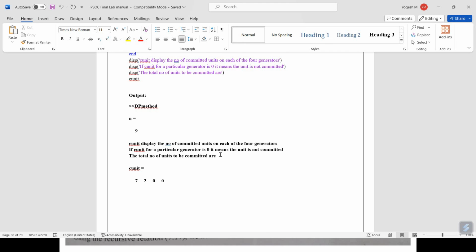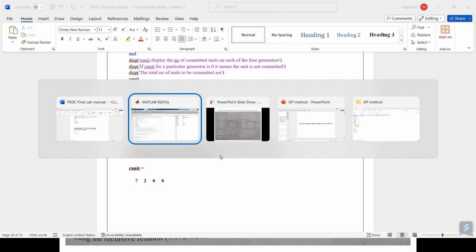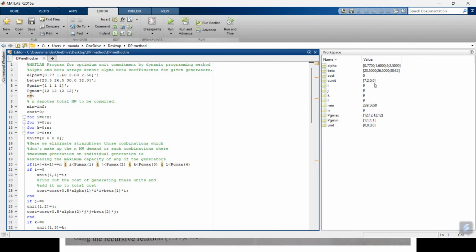Here, for the 9 megawatt of load, C unit is 7, 2, 0, 0. That means the first generator will share the load of 7 megawatt, the second generator will share the load of 2 megawatt, and the third and fourth generators will share the load of 0 megawatt.